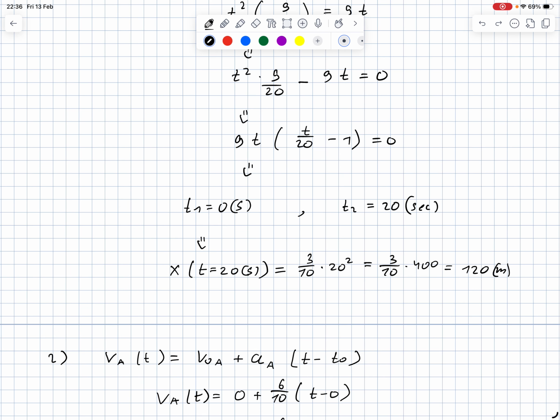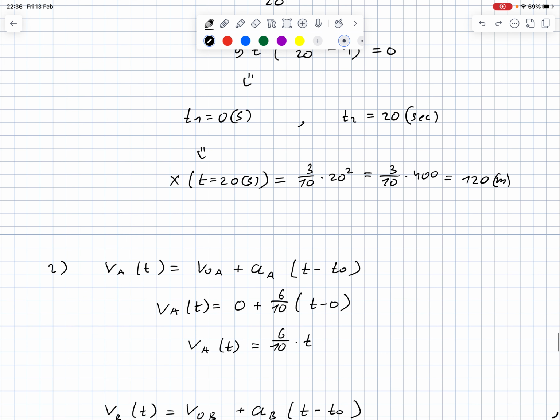Second question: we need to find the velocity of each object. Before that, we need to find the function of the velocity for each object. I'm going to use this formula.